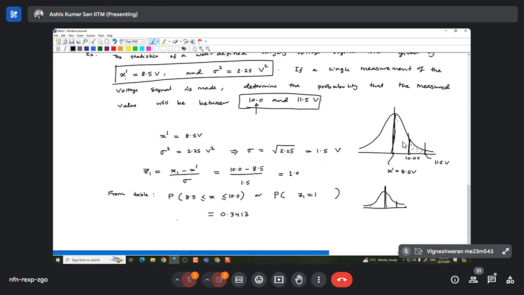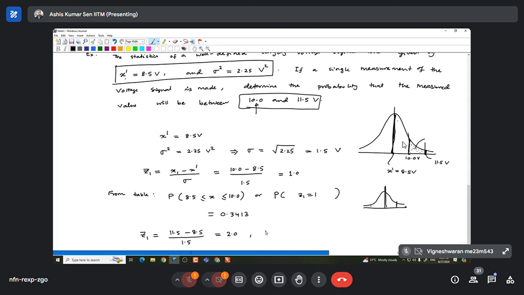Now, if we subtract that from the area bounded by this line and this line, we will get our target area. So we define Z1 for the second case, where the data is 11.5 minus 8.5 divided by 1.5. So Z1 is 2.0.